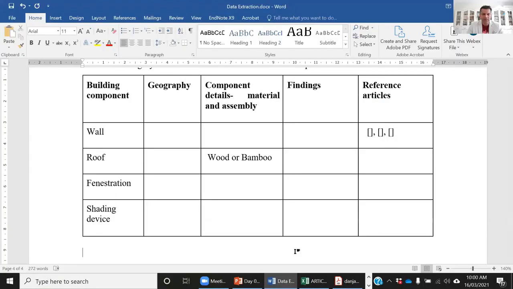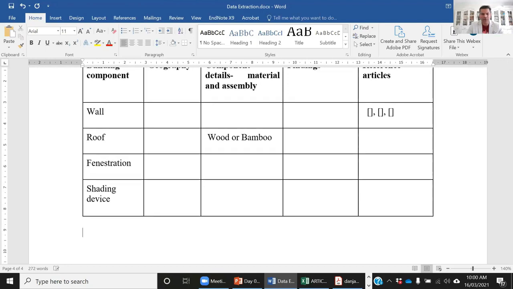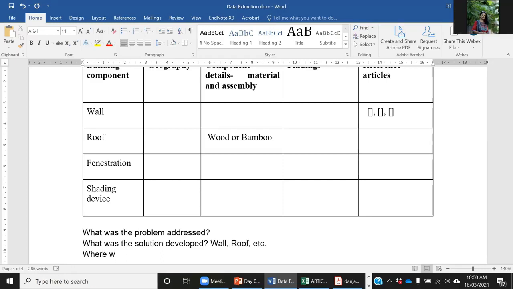Okay, so for example, what I would at least want to see from your data extraction would be: what was the problem addressed? What was the solution developed? And this could be for wall, roof, etc. Where was this study done?